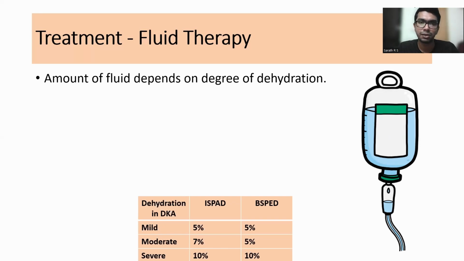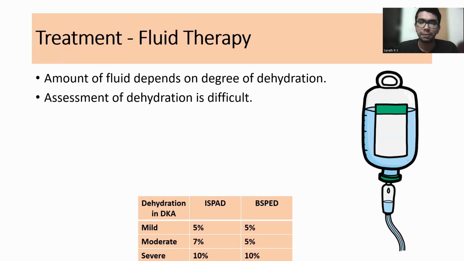So it has to be perfect. Again, as per ISPAD and BSPED guidelines, the degree of dehydration is given in that table, which you can see. In mild DKA, the estimated dehydration is 5% in both guidelines. In severe DKA, the estimated dehydration is 10% according to both guidelines. However, in moderate DKA, there is a difference.